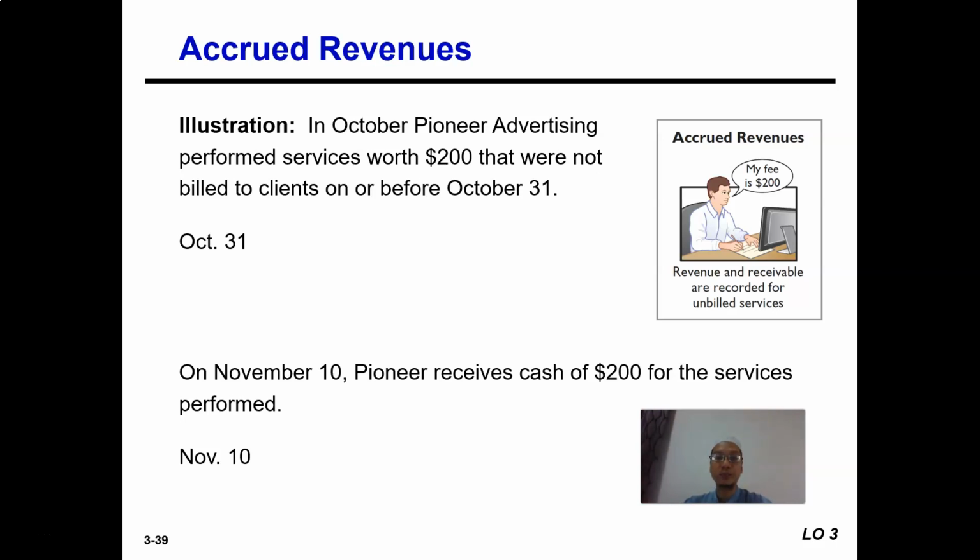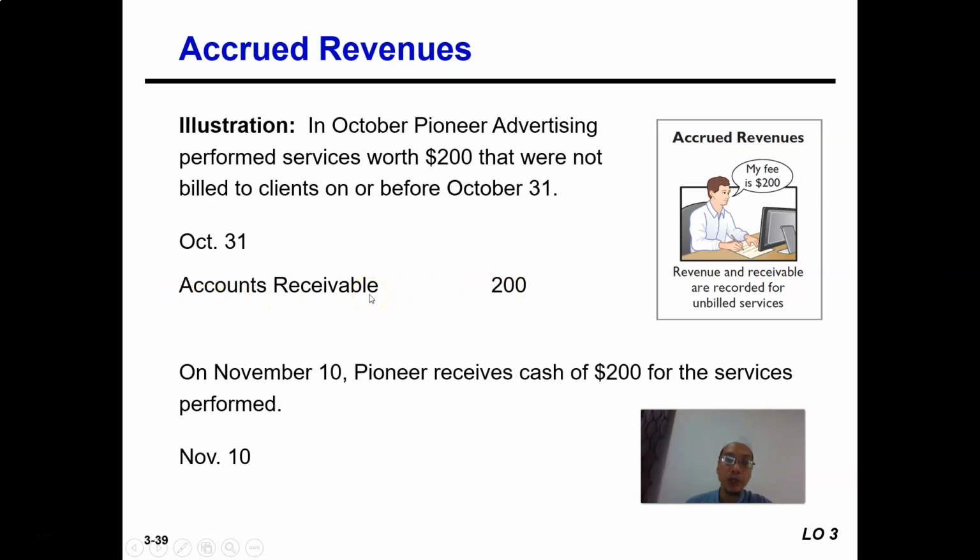Right now, on October 31st, there is no recording whatsoever in the accounts regarding the revenue. Therefore, to do the adjustment, we need to recognize this.